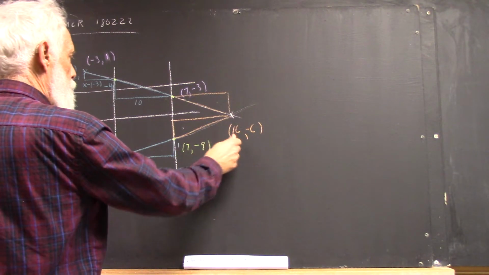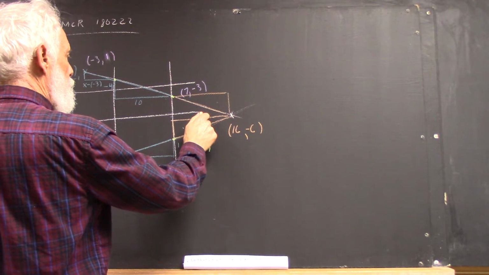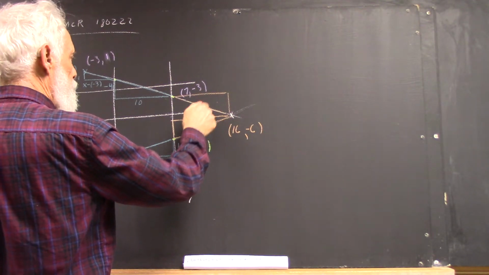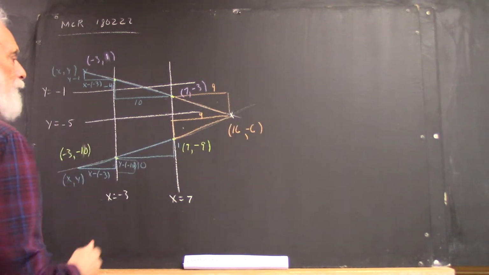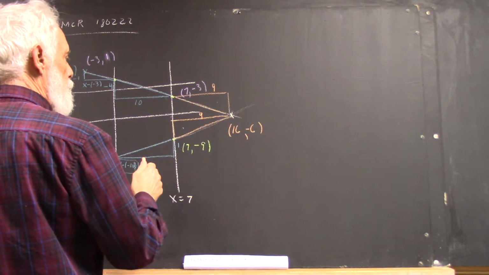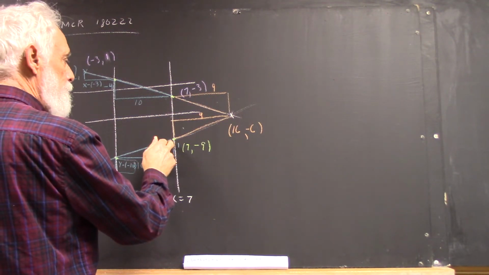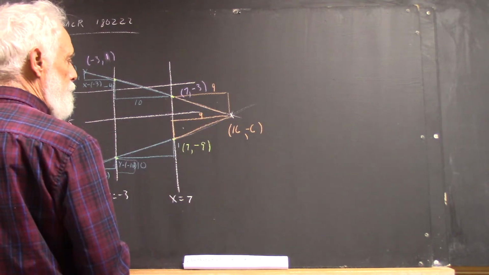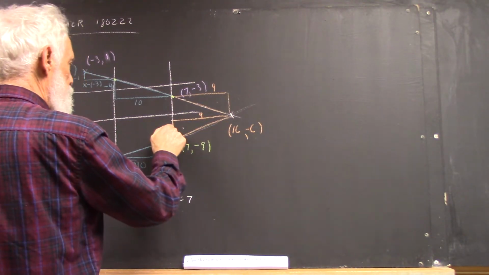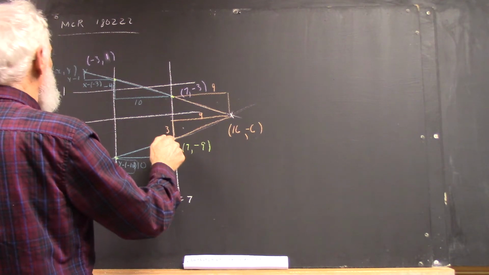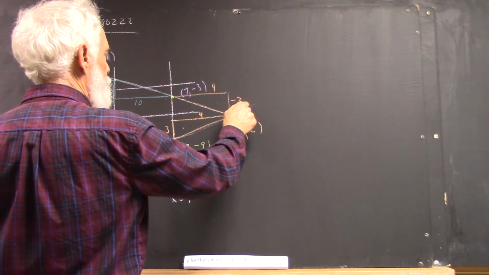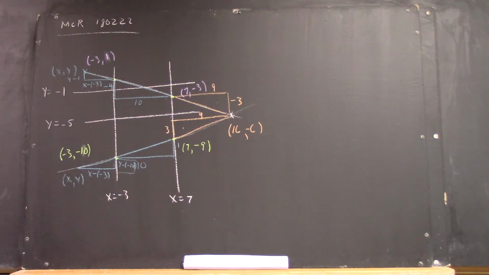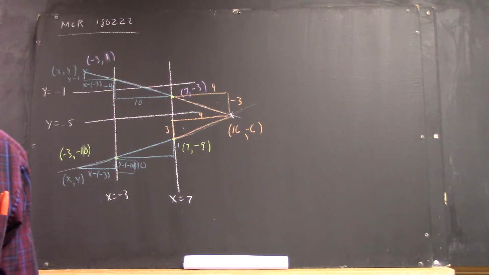It looks like I have a run of 9 on this one, and I'll have the same run on this one because they run between the same x coordinates. And I'm going to have a rise from 7 up to 16, from -9 up to -6, that's a rise of 3. And here I'm going from -3 down to -6, so that rise is -3. I've got all those triangles.